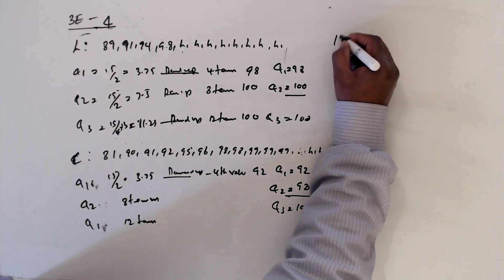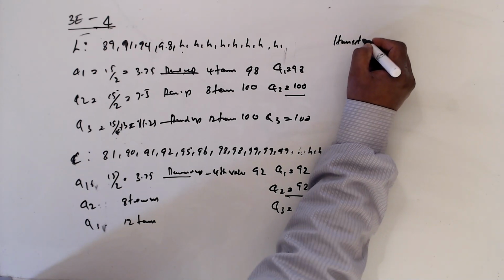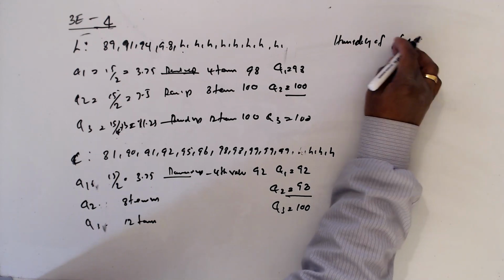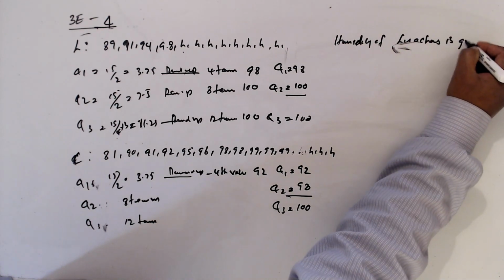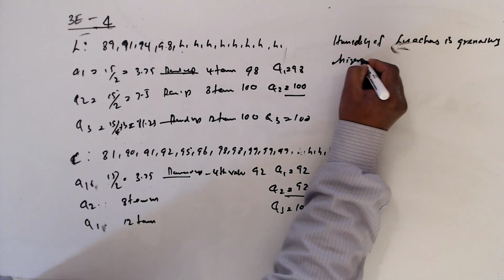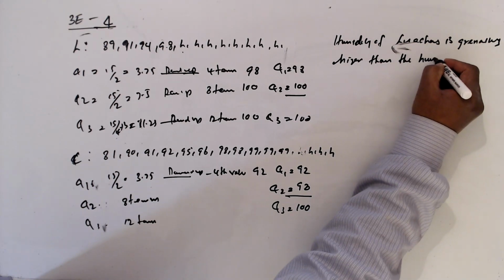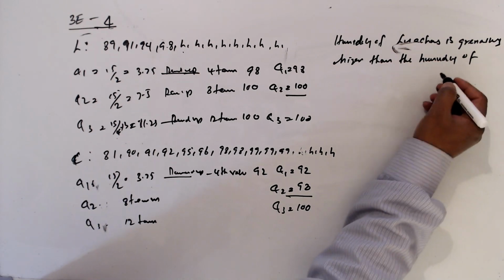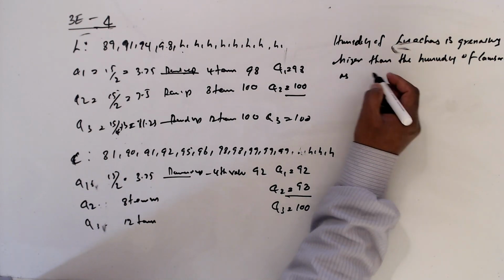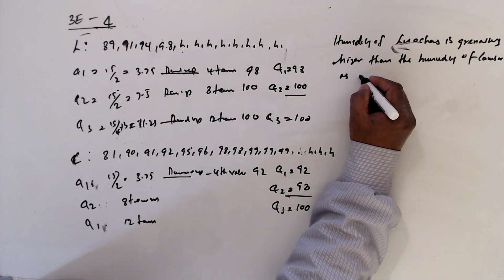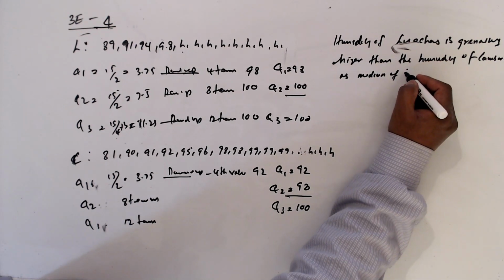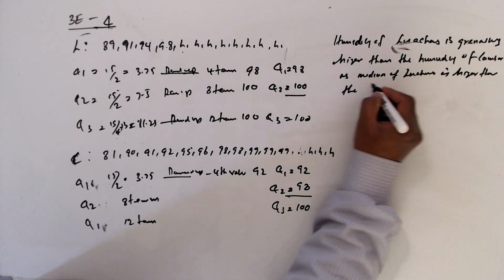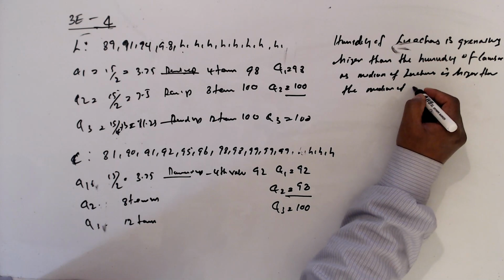So we can tell that the humidity of Lucas is generally higher than the humidity of Cambon, as the median of Lucas is higher than the median of Cambon.